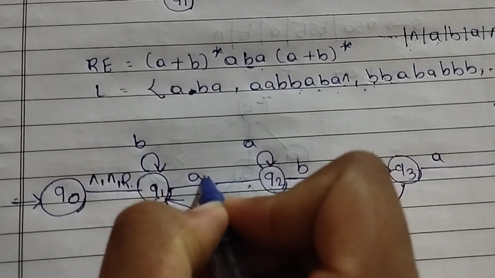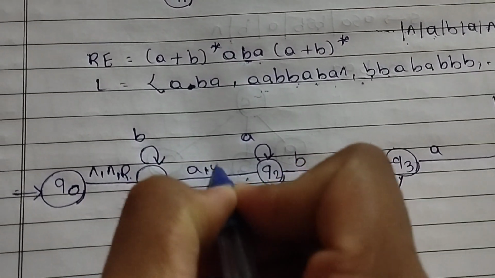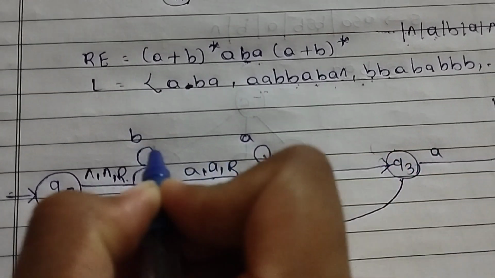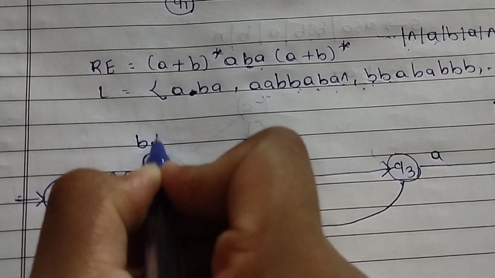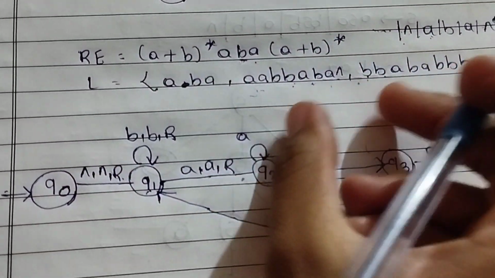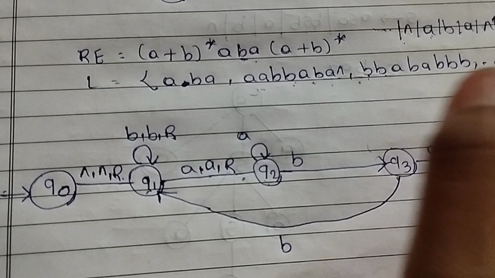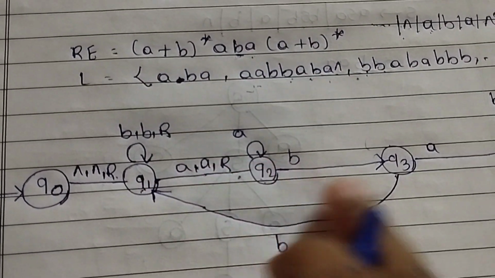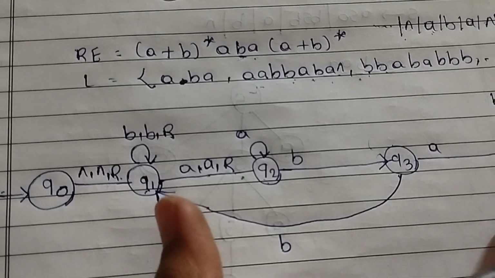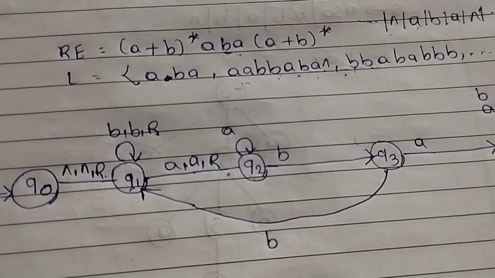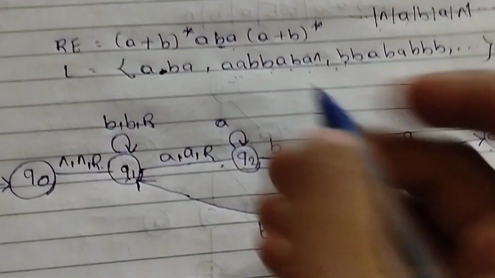So if you read a, keep this a as it is and move to the right. If you read b, keep b as it is and move to the right. Simply we move to the right on all these symbols, because we want this rule aba maintained as it is, and if any remaining string comes, we keep it as it is.